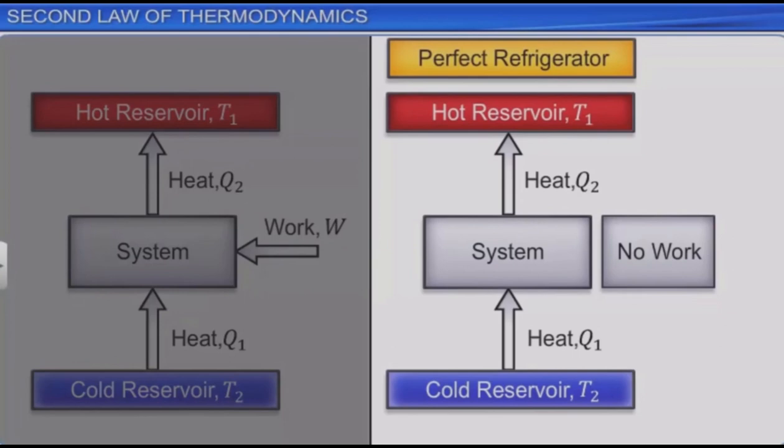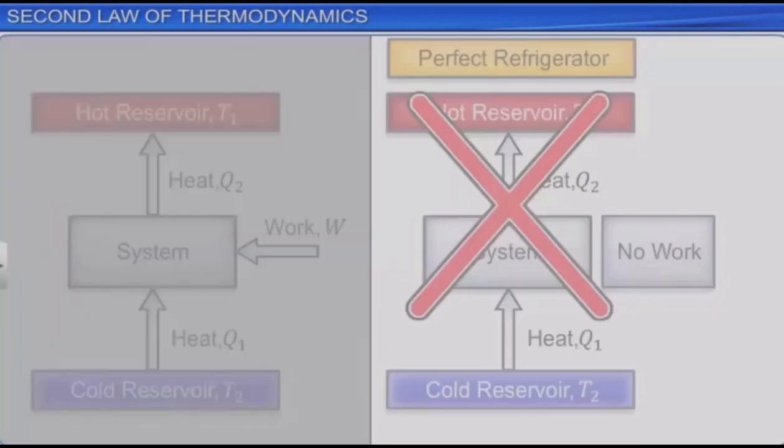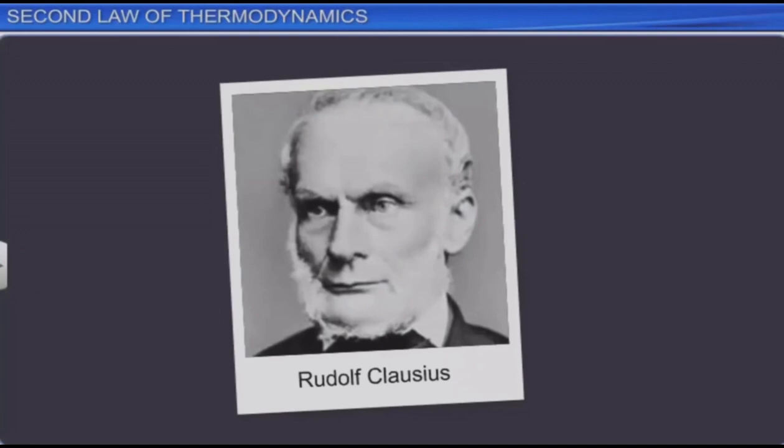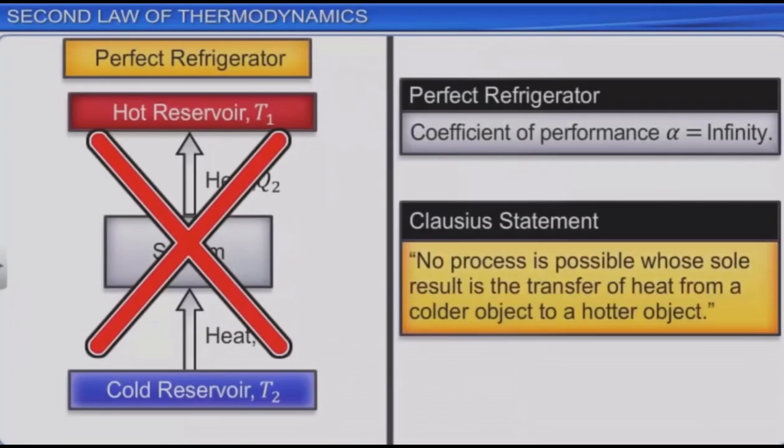But the second law of thermodynamics places a restriction on this. The other form of the second law of thermodynamics, which restricts the possibility of a perfect refrigerator, is given by Clausius and states that no process is possible whose sole result is the transfer of heat from a colder object to a hotter object.